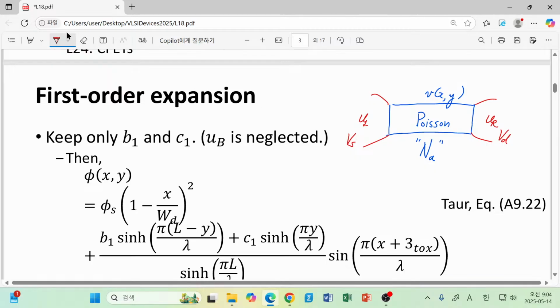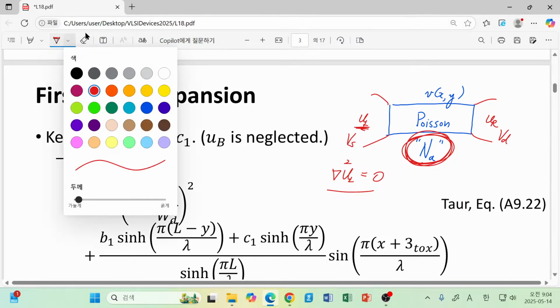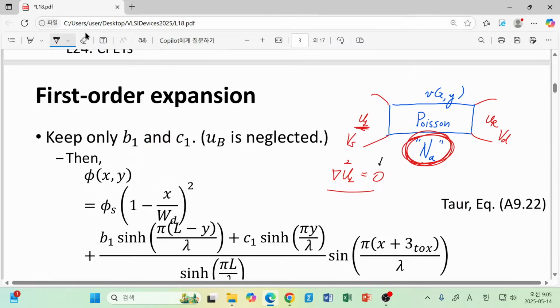So in this case, the impact of our doping density is already taken by this V function. The actual function we must solve for the left and right functions is just the Laplace equation, not the Poisson equation. The difference comes from whether the right hand side of our equation is 0 or not.